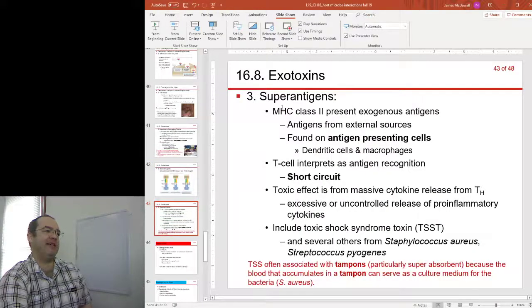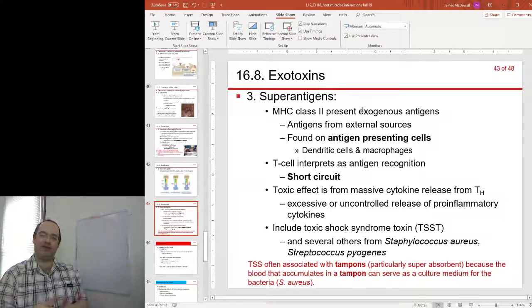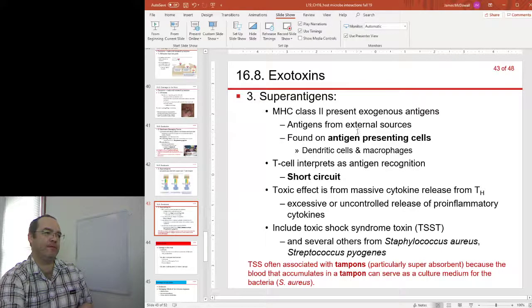So, MHC class 2 presents exogenous antigens, antigens from outside of cells, from external sources. Dendritic cells and macrophages can present using MHC class 2s. They'll present to T cells. The super antigen will short circuit. The T cell will activate no matter what.